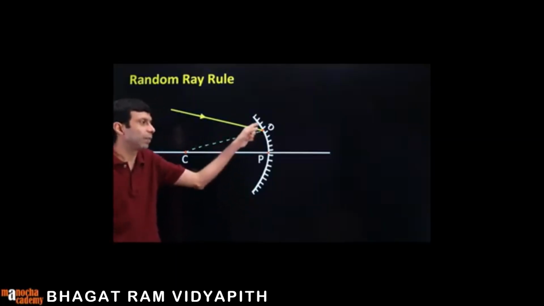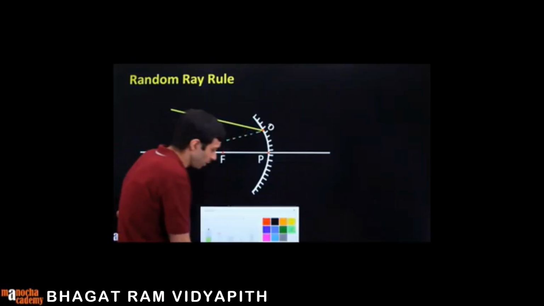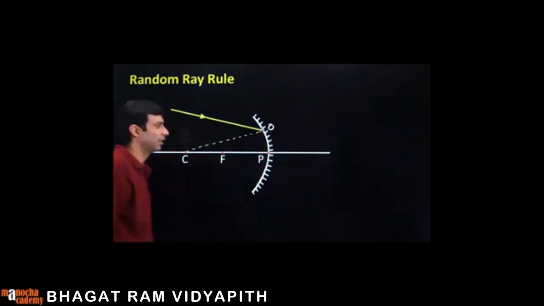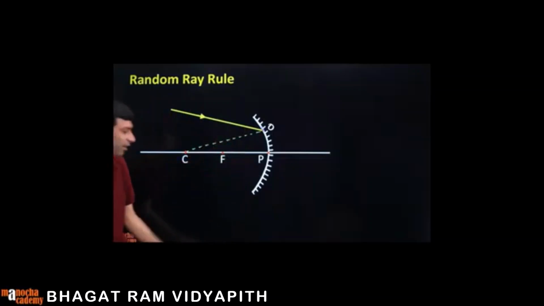So it is definitely going to become again the normal to this small plane mirror here. This is like a small tiny plane mirror, because a circle is made up of small tiny lines. So you can see that this is basically going to become the normal to this incident ray.